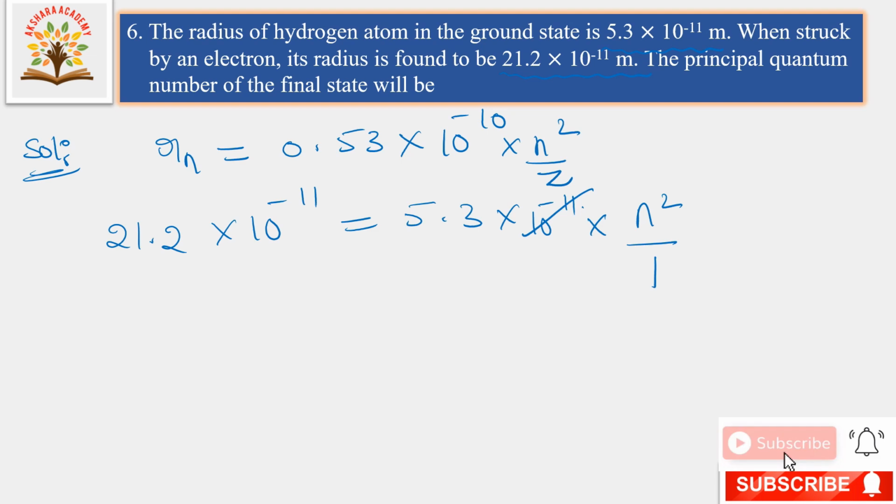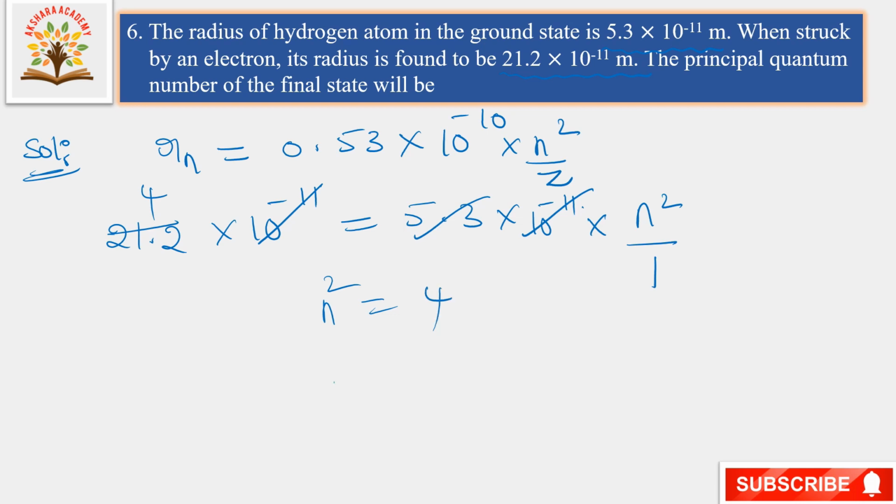The powers of ten cancel. Here 21.2 by 5.3 is 4. So n square is equal to 4, n is equal to root 4, that is equal to 2. So therefore n is equal to 2.